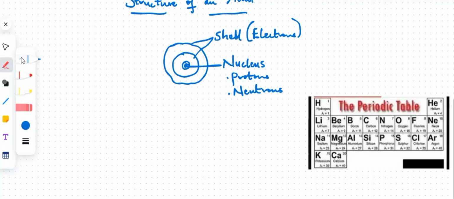Basically, if you have an element X, and we have, let's say, A and Z, this is just a representation of an ideal element. A here is your mass number.